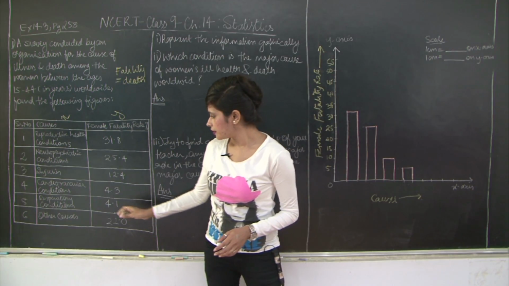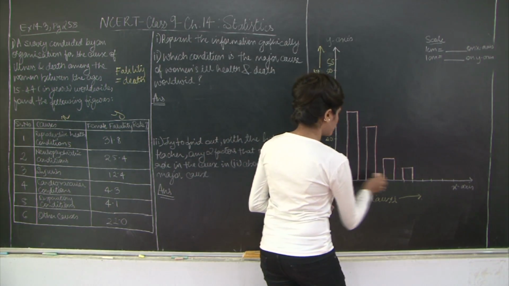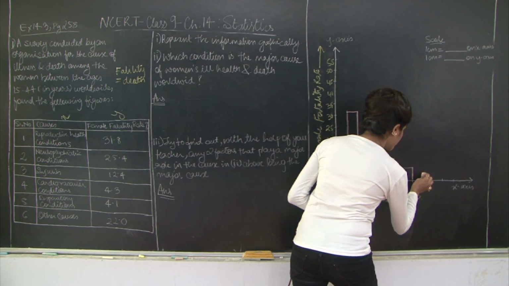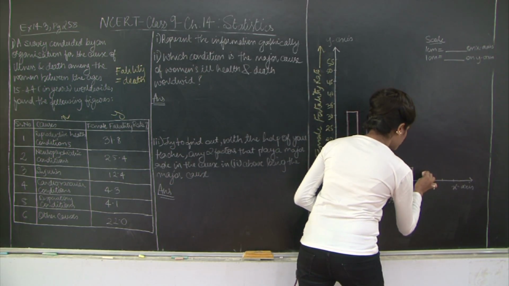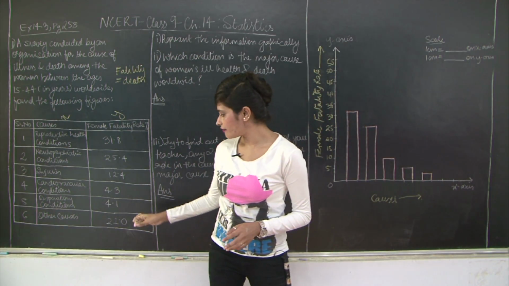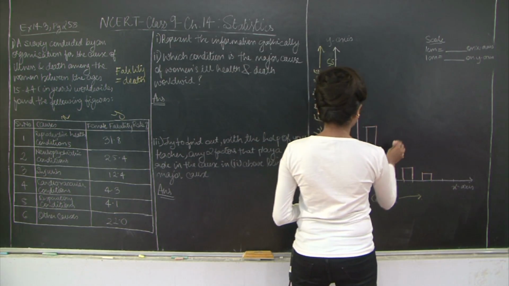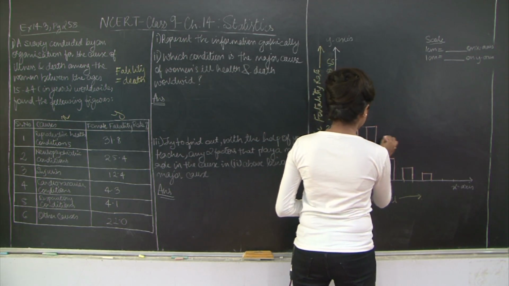And you have respiratory conditions, which is 4.1. So let's check 4.1. It will be somewhere over here. And finally you have other conditions, which is 22.0. So 22.0 will be just above 20.